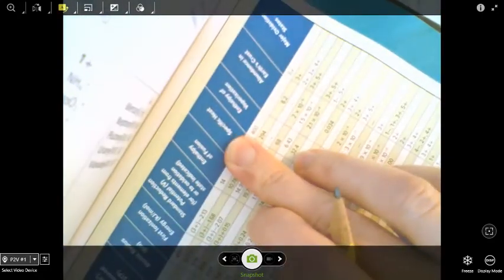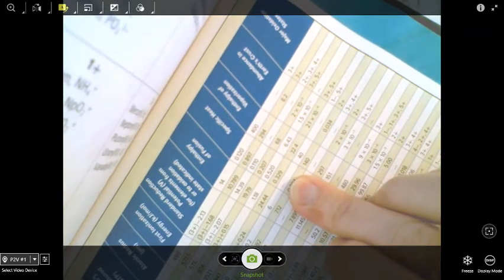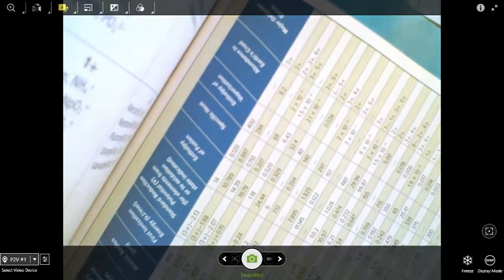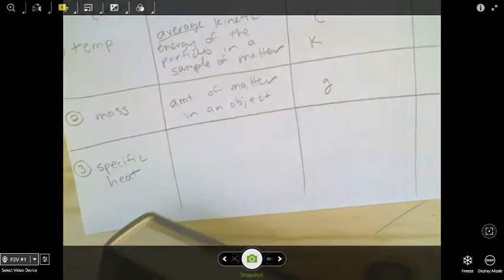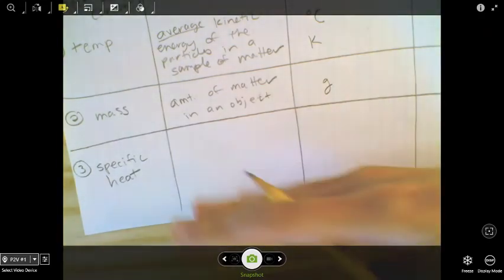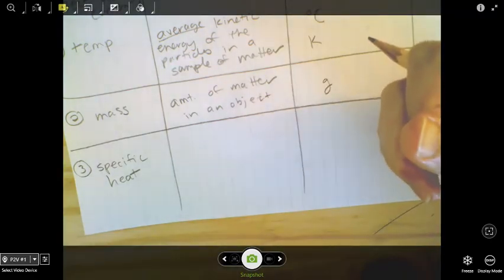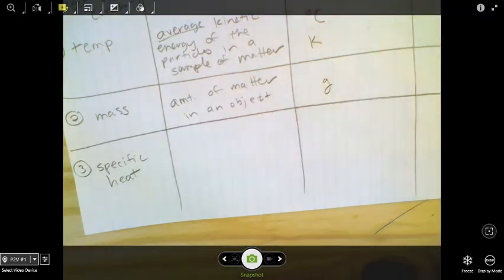This column right here says specific heat. You can see it gives the specific heat for all the different elements on the periodic table. There's other charts that give it for compounds. If you become an engineer, you will definitely be looking up the specific heats of all different types of materials that are used to build stuff.